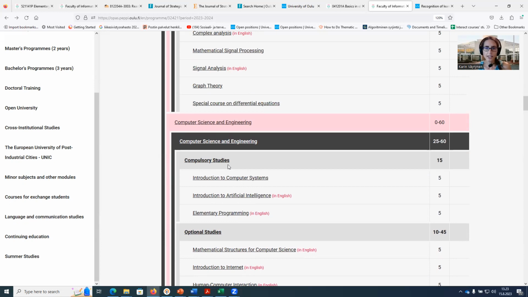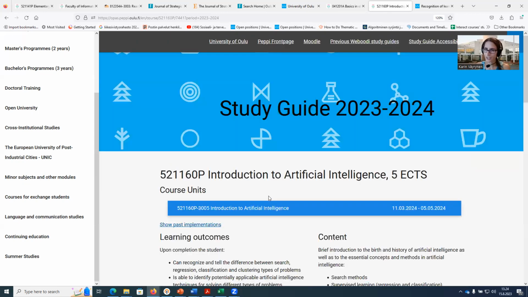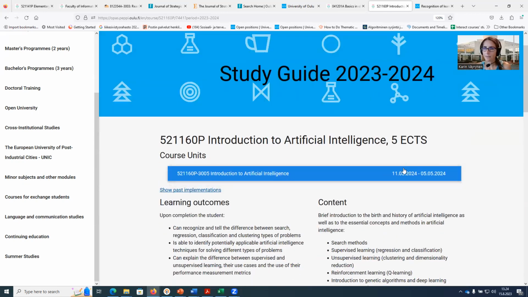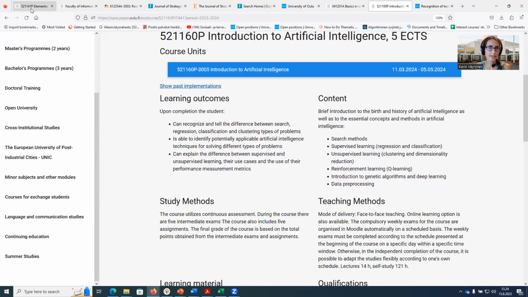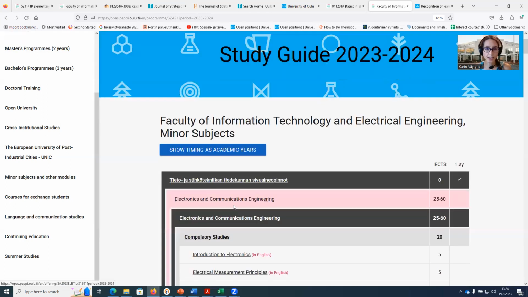There is, for example, a course called Introduction to Artificial Intelligence, which is something that you might be interested in, which is held in period 4, so mid-March until beginning of May. So that's something you could already keep in mind if you're interested in artificial intelligence.